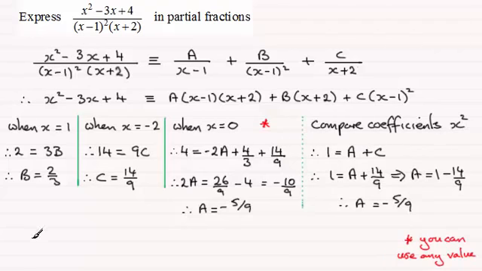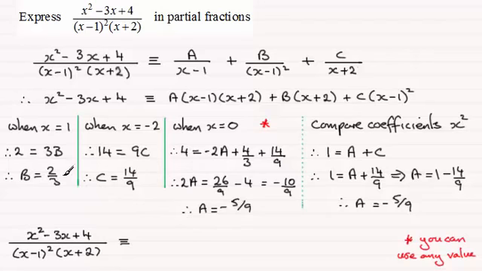But whatever system you use, what we've got then is x squared minus 3x plus 4, all divided then by the repeated factor, x minus 1 all squared, divided by the linear factor x plus 2. This is going to be identical then to a divided by x minus 1. Now a is a negative value, so I'm not going to put that first.